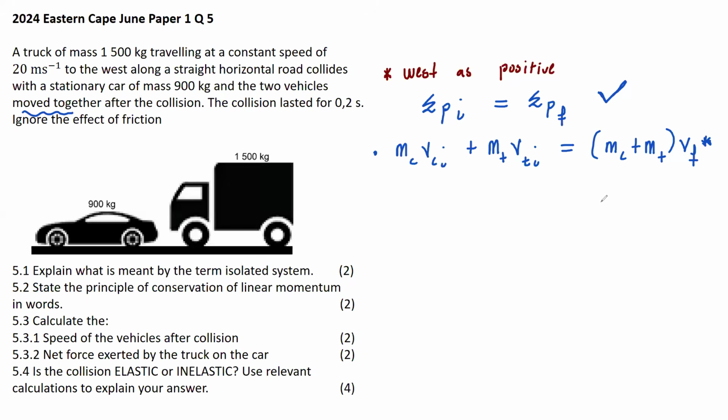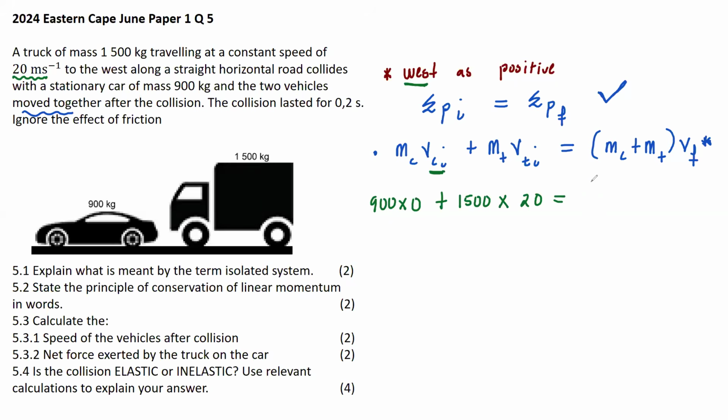Follow my lead. So, in essence, at the end of the day, you're going to write and say mass of the car is 900. What's the velocity initial of the car? It's 0. You must show that, even though you know that the answer is 0. Mass of the truck, 1,500. And the velocity of the truck is a positive 20 meters per second. And it is moving to the west, and we said west is positive.